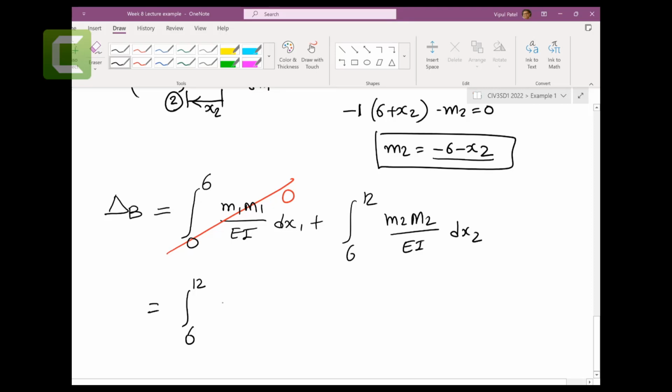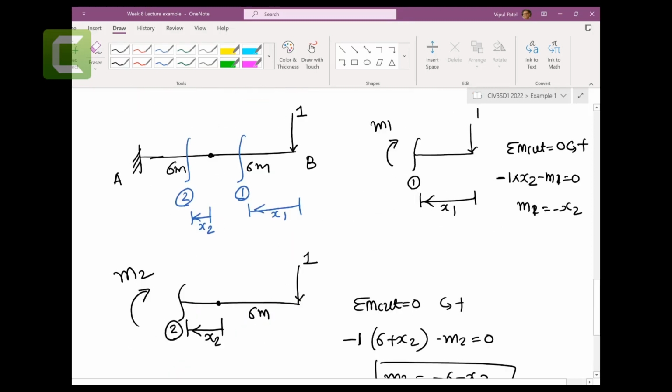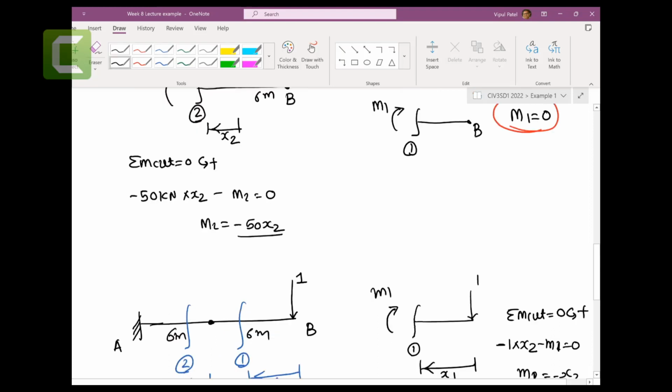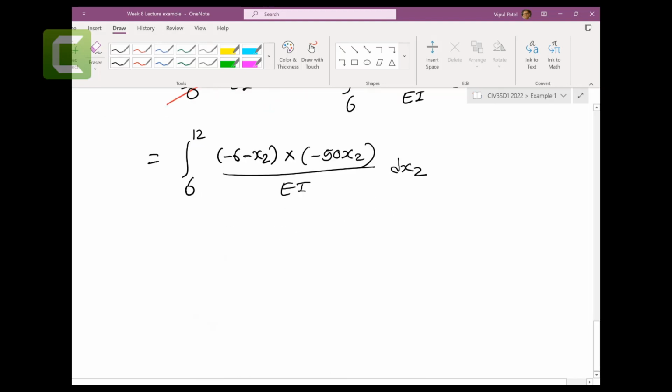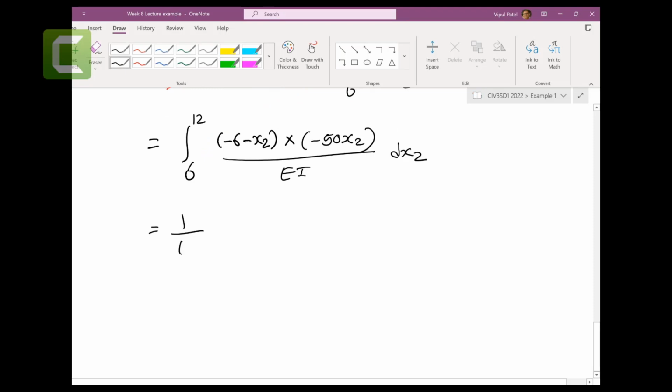Small m2 is minus 6 minus x2, times capital M2, minus 50 x2, over EI dx2, right? And then 1 over EI, 6 to 12, expand this bracket: 300 x2 plus 50 x2 square, dx2, right?